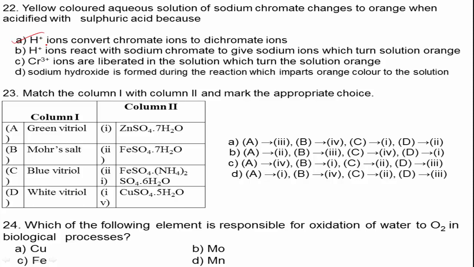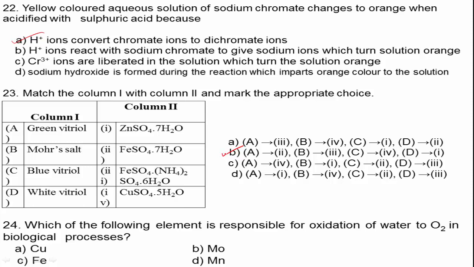If you know these concepts, the correct answer for this question is B, because green vitriol contains FeSO4 7H2O. Ferrous sulfate, green vitriol, is the crystalline form of FeSO4 7H2O.